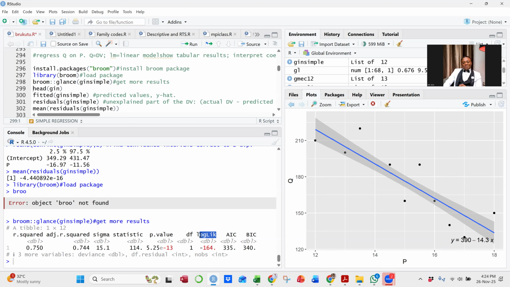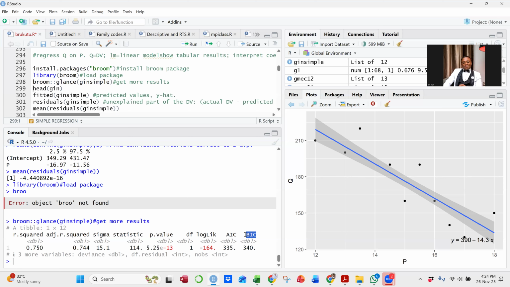It also gives you the log likelihood information, the Akaike information criterion, the BIC, the Bayesian information criterion. It gives you all of the various statistics that are used to determine the efficiency, the efficacy, and the reliability of your model. It gives you more information that you will need.